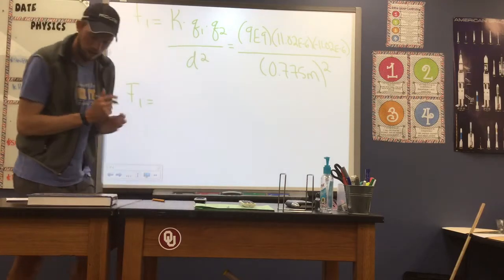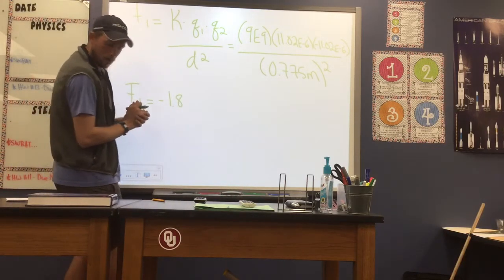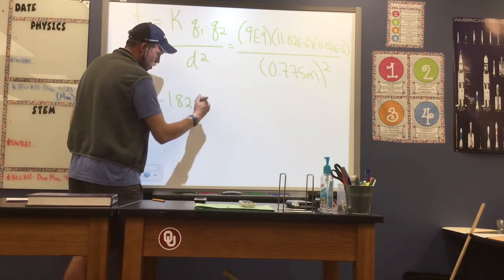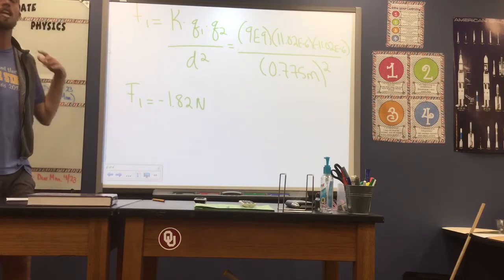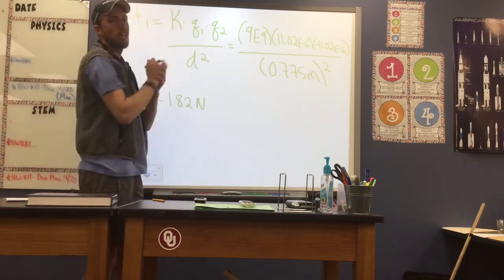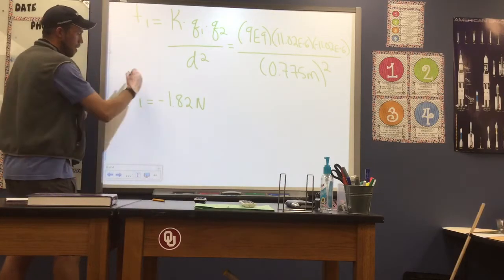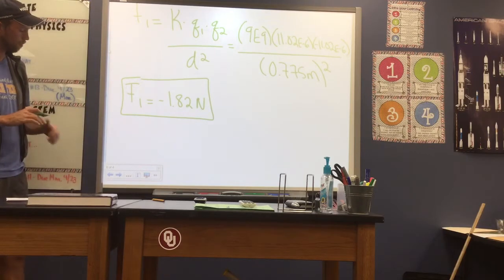In doing so, I get a value of negative 1.82 newtons. Now again, remember, the negative just tells us it's a force of attraction, which we already knew because there's a positive and a negative charge involved. So this is one of our forces that we're going to need to use later on.